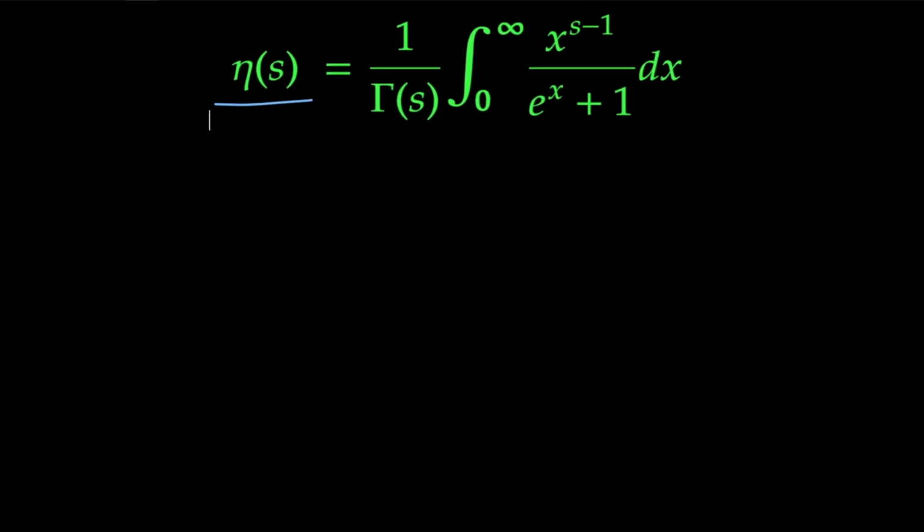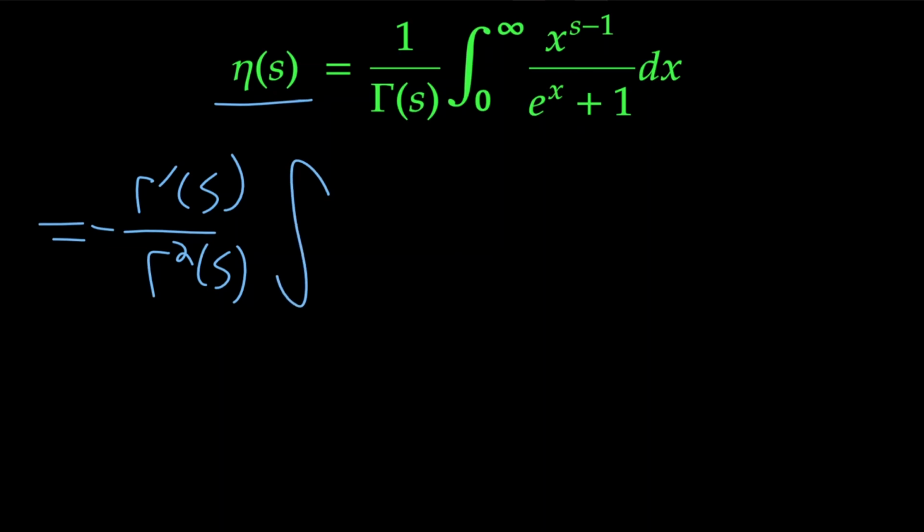So taking the derivative of this right here, the integral definition for the eta function, we can just use our good old product rule. And what we obtain is just going to be the following. So we know that eta prime is just going to be negative gamma prime of s over gamma squared of s, and the negative sign, of course, because it's a 1 over.